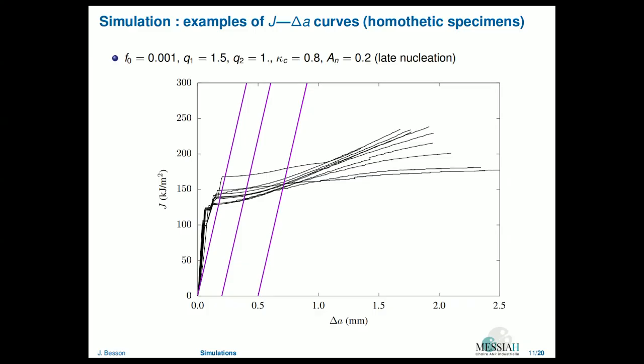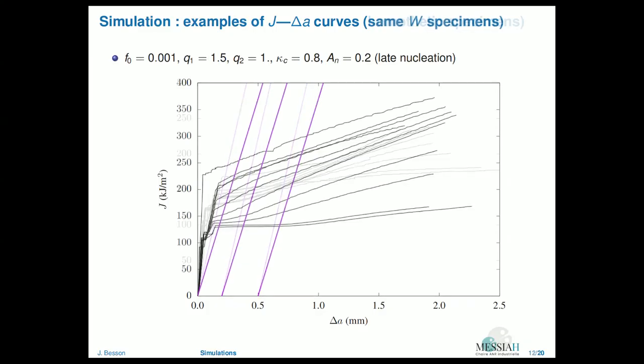It's very, very close to each other. And here, that's the same kind of curves with varying thickness specimens. There's much more difference. And what I'm going to use is the J05, so J for a crack advance of 0.5 millimeters, which is defined by the third exclusion line here.